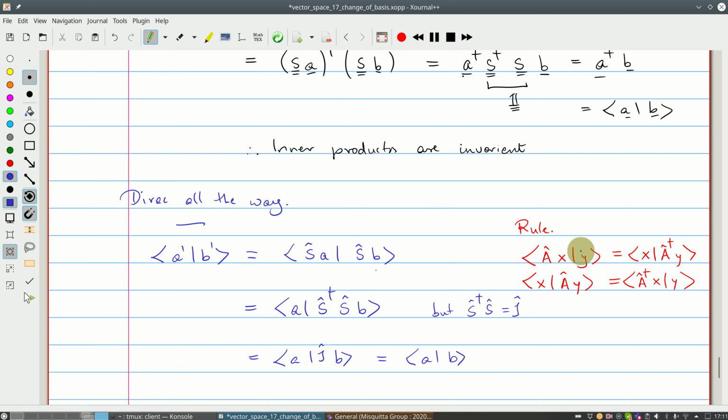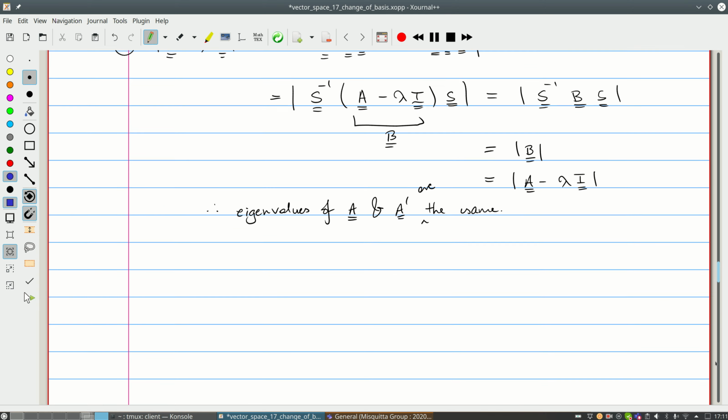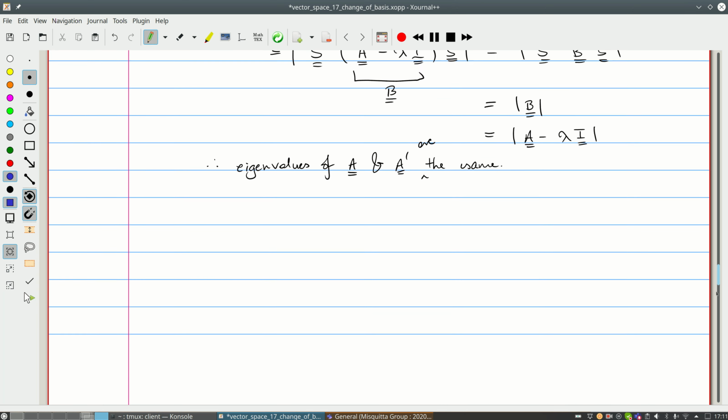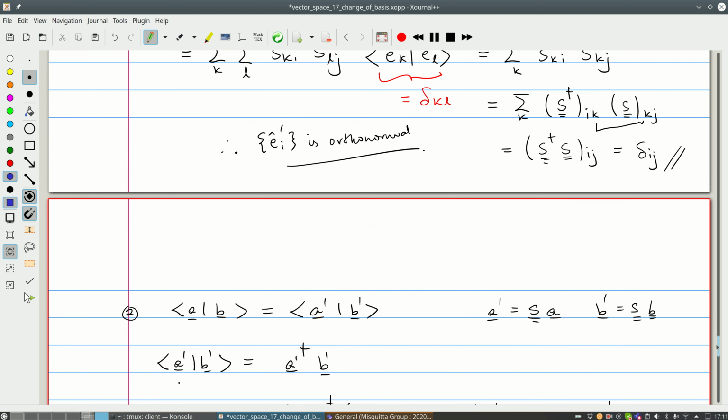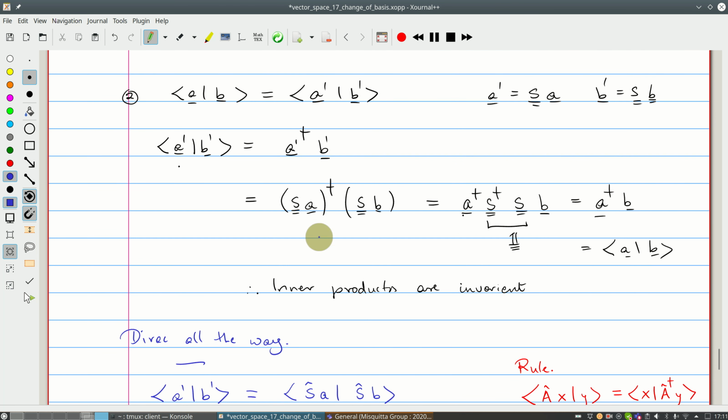Now, if you get comfortable with this, you'll see that this is completely equivalent to the other approach. Here we have gone from Dirac, introduced the basis, and got column vectors. In the column vector form, this is the adjoint of a column vector times another column vector.